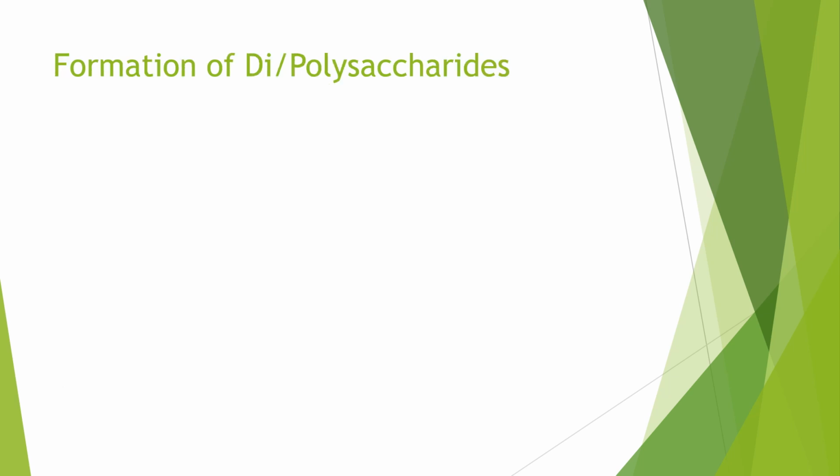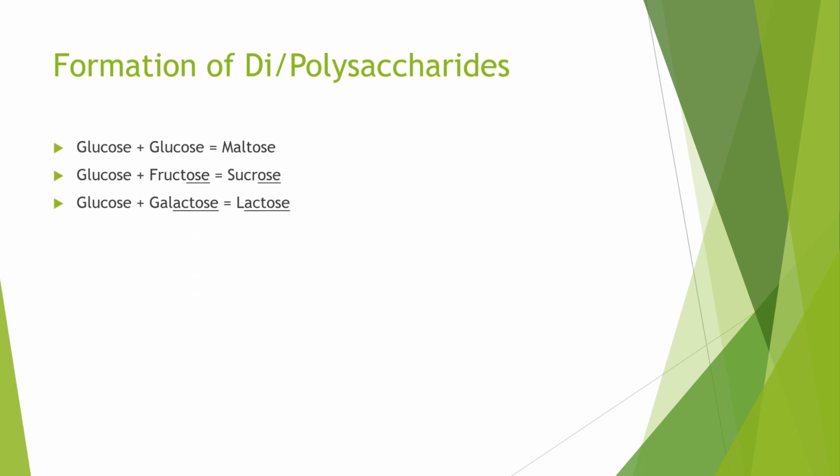When two monosaccharides combine, they form a disaccharide through a reaction called a condensation reaction. This process is important because it links the two sugar molecules together by forming a glycosidic bond, with water released as a byproduct. Let's take a look at some examples.